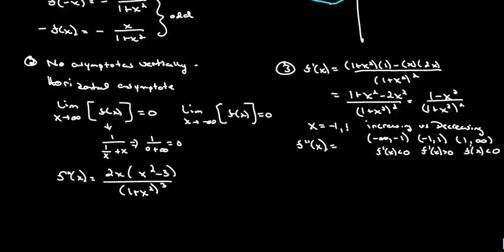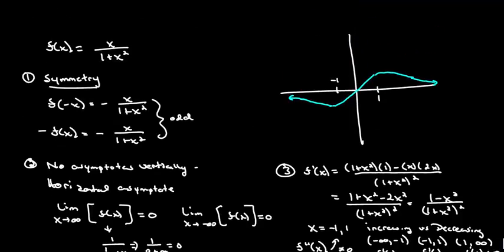Now, when we take 1 and plug it in, we get 2 times something that's not 0. So this is clearly not 0. And when we plug in -1, we get -2 times something that's not 0. So this is clearly not 0.